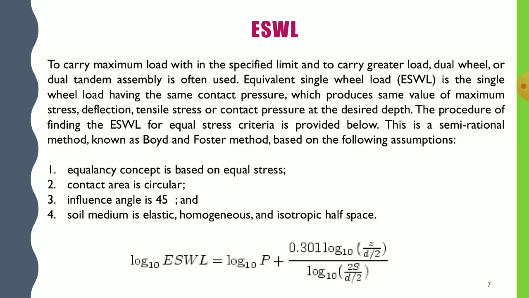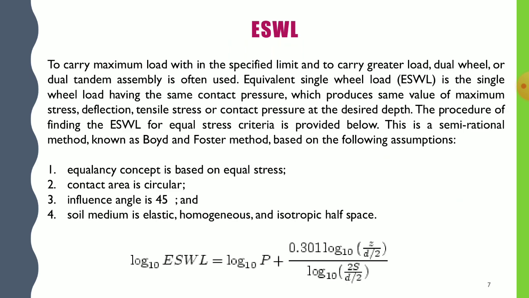Of course, on the highways there is a tandem axle load, multiple axle load, dual wheel load, so many are there. But how to evaluate the tandem axle load? To evaluate the tandem, dual axle load, multiple axle load, we are going to use this unit ESWL.